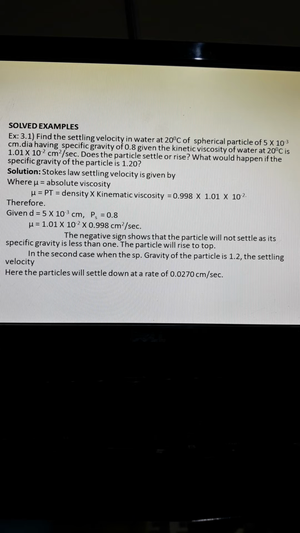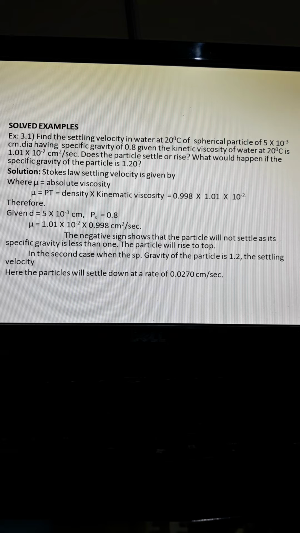To find the settling velocity in water at 20 degrees centigrade of a spherical particle of 5 into 10 power minus 3 centimeter diameter, having its specific gravity 0.8, given the kinematic viscosity of the water at 20 degrees centigrade is 1.01 into 10 power minus 2 centimeter square per second.